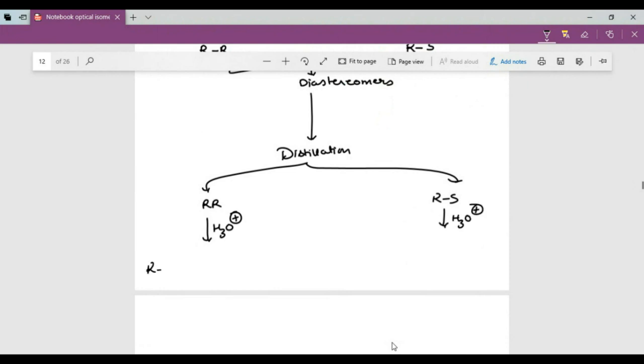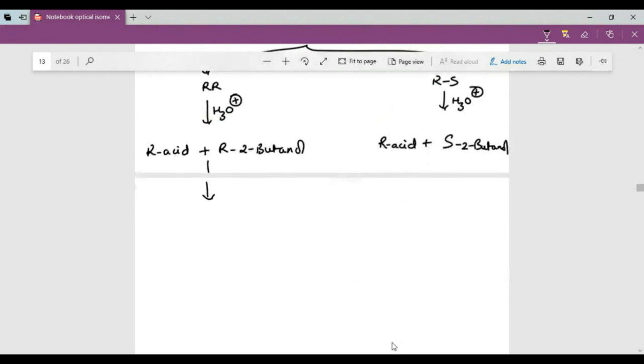R acid plus R-2-butanol, and R acid plus S-2-butanol.